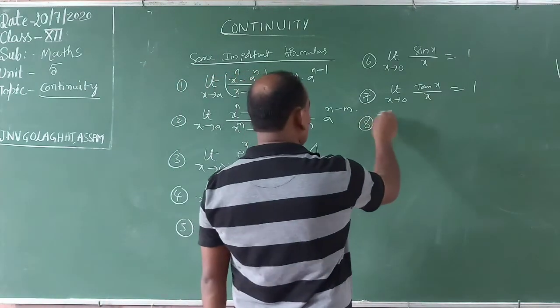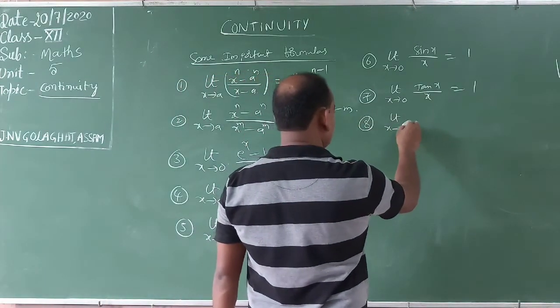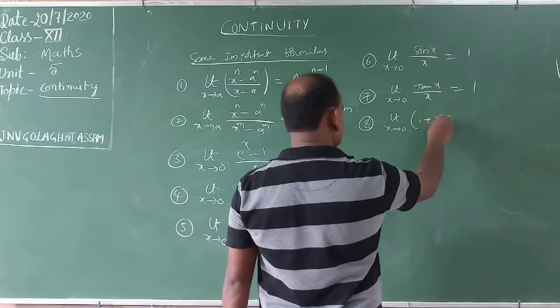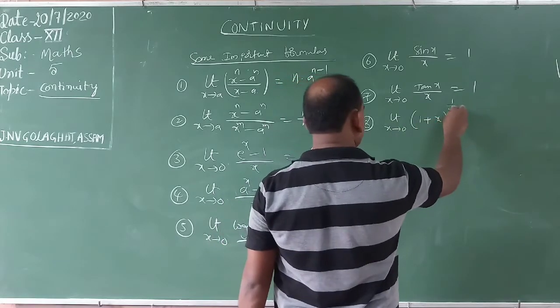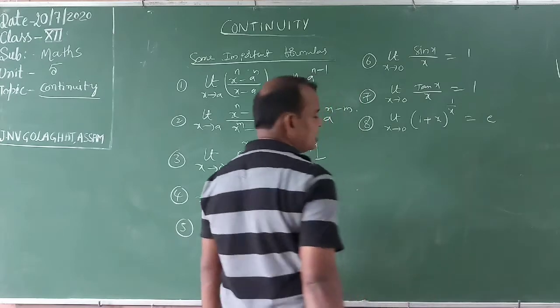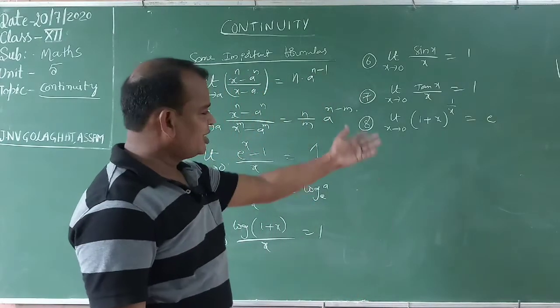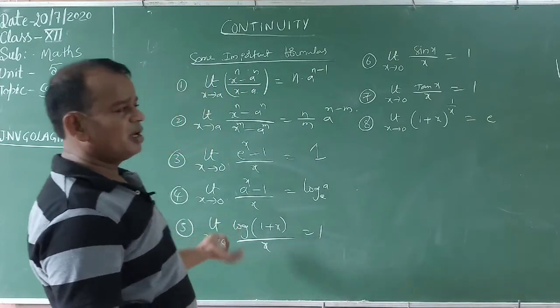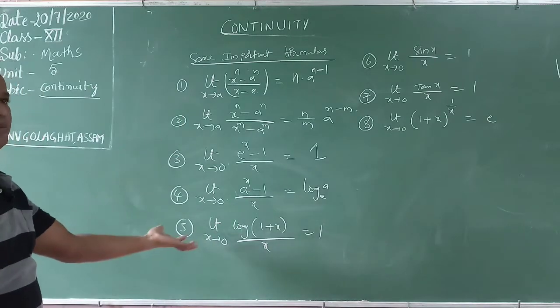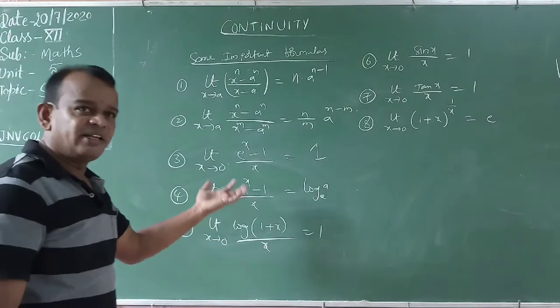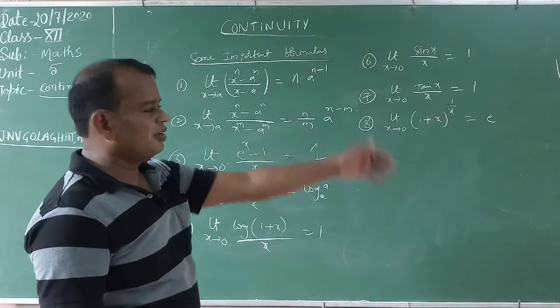Next, limit x tends to 0, (1 plus x) whole power 1 by x, that is exponential e. This is also an indeterminate form. Each and every formula must ensure an indeterminate form, which means we will get the indeterminate form 100%. This is 1 power infinity, no problem at all.